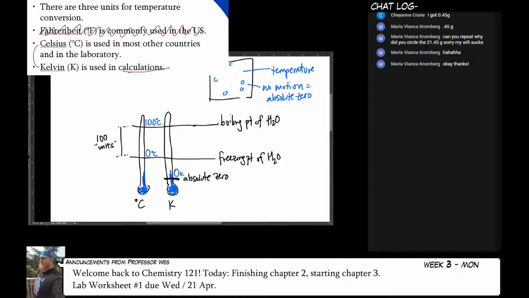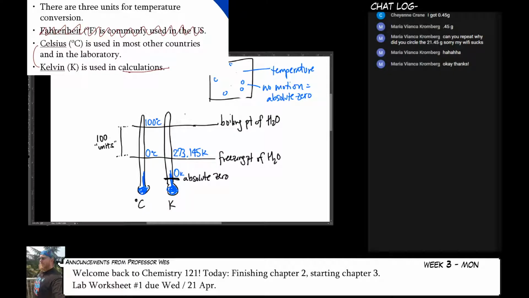This is important in math because if we're typing numbers into an equation, we don't want 0 to be a reasonable spot. That ruins our math, and I'll show you that in a second. But the end result is that at the freezing point of water, the temperature in Kelvin ends up being this. That should be a decimal point, not what looked like a comma. So 273.145 Kelvin is the freezing point of water.